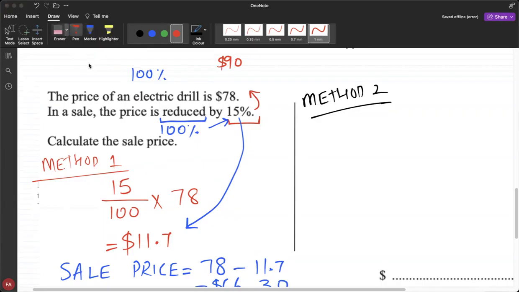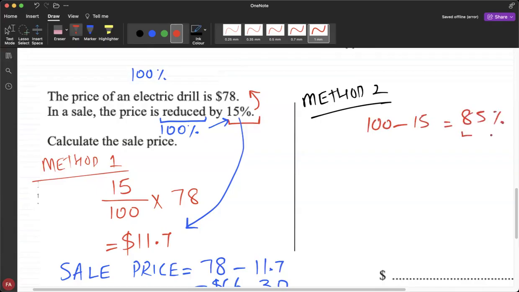In a very similar way, the question over here says that in a sale, the price is reduced by 15%. So my question to you is, how much do we end up paying? If 15% is the discount that I'm getting, what's the price that I pay? I can say that's going to be 100 minus 15%, so that's going to be 85%.